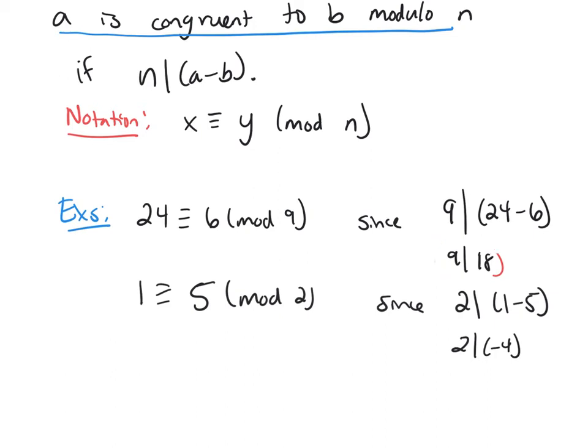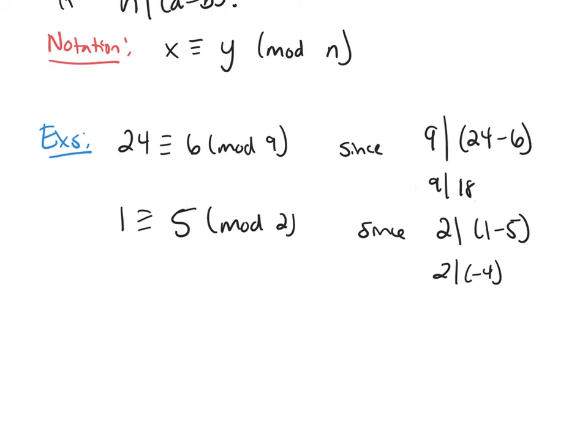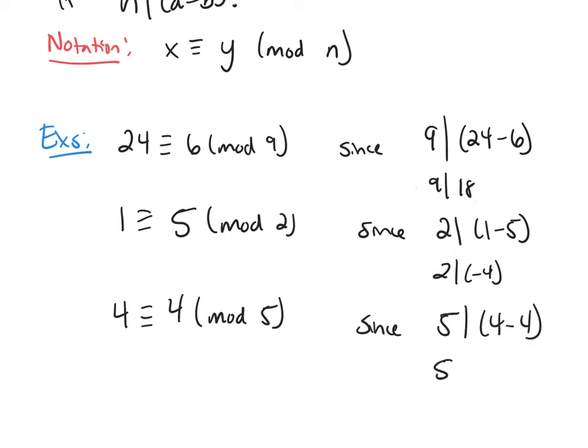Okay. 4 is congruent to 4 mod 5. That's because 5 divides 4 minus 4. This just says 5 divides 0, which is true.